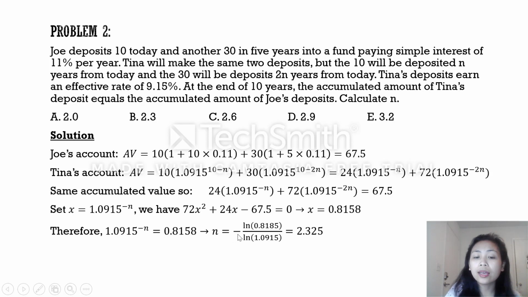We have n is negative natural log of 0.8158 over natural log of 1.0915. And the answer is 2.325, which is about 2.3 years. So answer B. So problem 2 is a question of unknown time, so we need to use logarithms for this question.